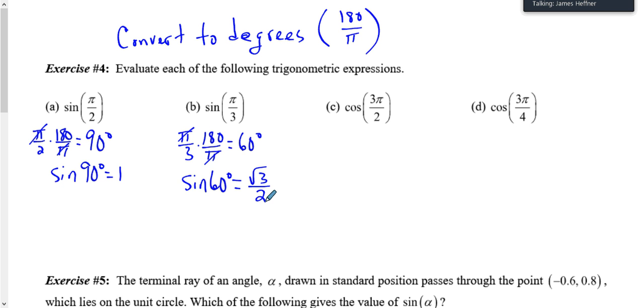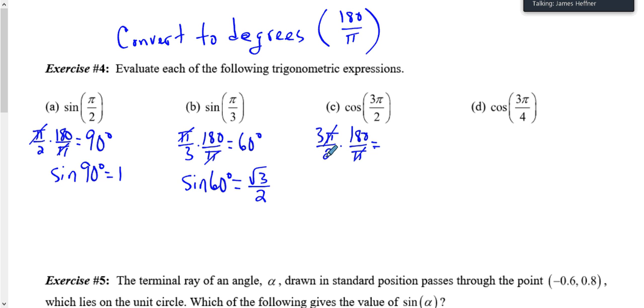All right. Does anybody remember what 3 pi over 2 is in degrees? What's 180 divided by 2? 90 times 3.